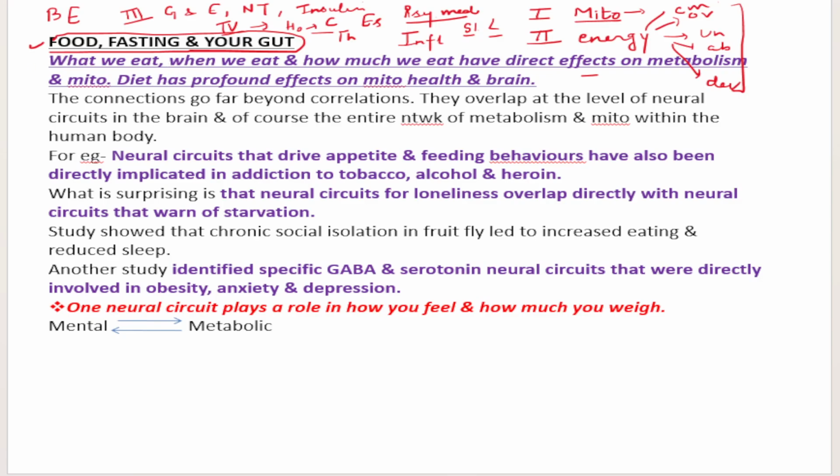What we eat, when we eat, and how much we eat all have direct effects on our metabolism and on the mitochondria. So diet has profound effects on our mitochondrial health and on our brain health. And these connections go far beyond correlations. They overlap at the level of neural circuits in the brain.